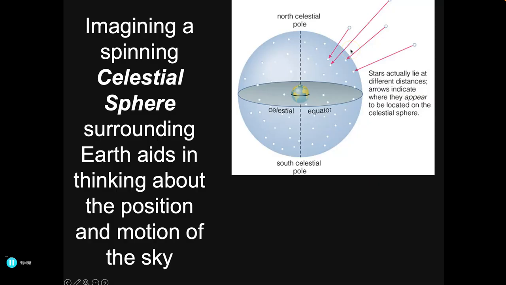But the optical illusion, the appearance, is that all the stars and constellations and the sun, the moon, the planets, the galaxies, the nebulae, everything looks like it's on this spherical shell hovering above the Earth's surface. This spherical shell of the sky is what we call the celestial sphere.